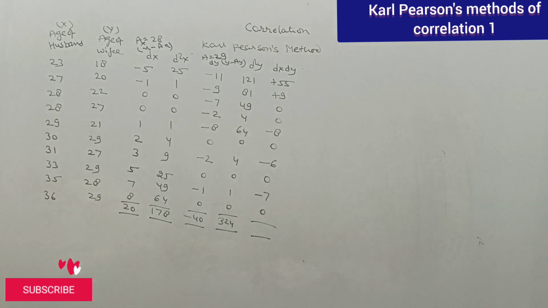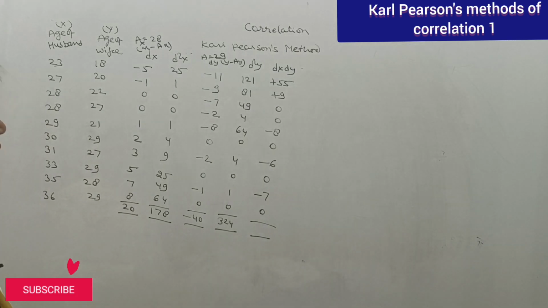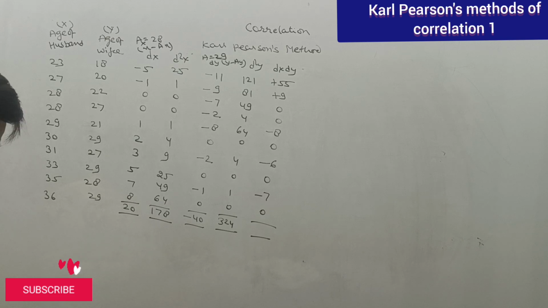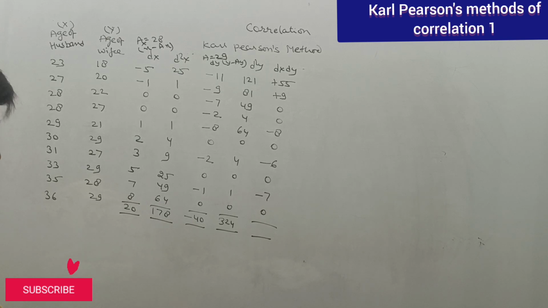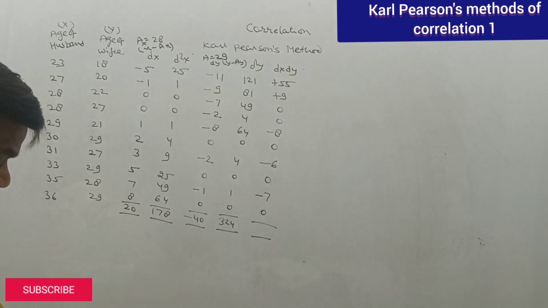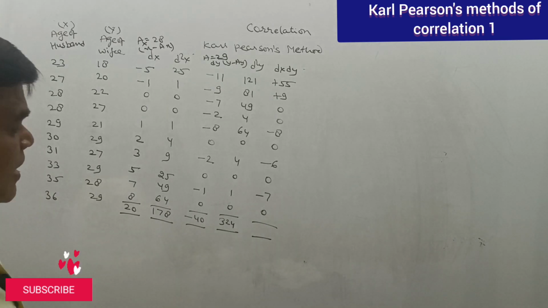So that is 55 plus 9 minus 8 minus 6 minus 7, which is 43.